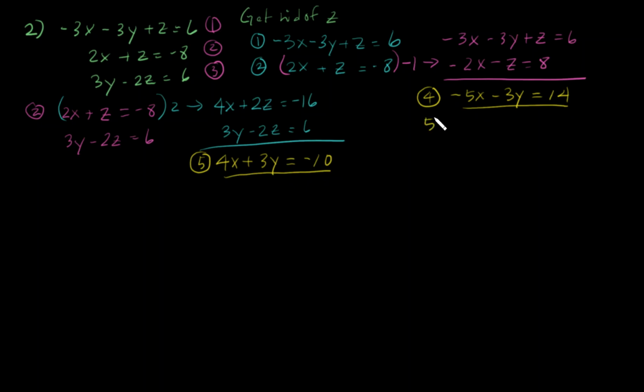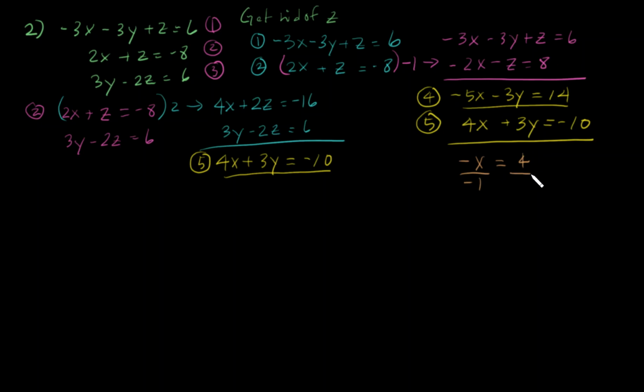Now I'm going to rewrite it as a system of equations. When you do that and you add them together, you notice that the y just eliminates. So we have a negative x equals 4.